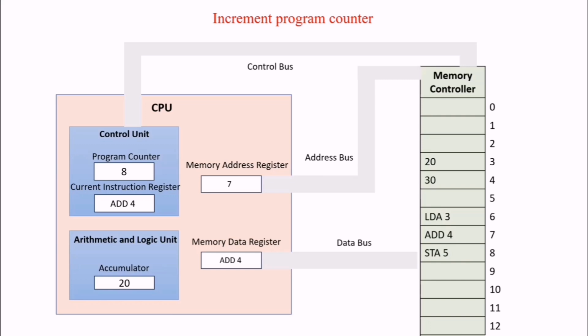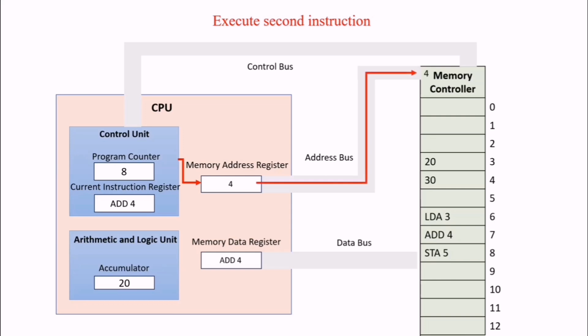The new current instruction can now be decoded, and the address copied into the memory address register and sent to the memory controller using the address bus. A read instruction is issued and the content of location 4, the number 30, is copied to the memory data register.